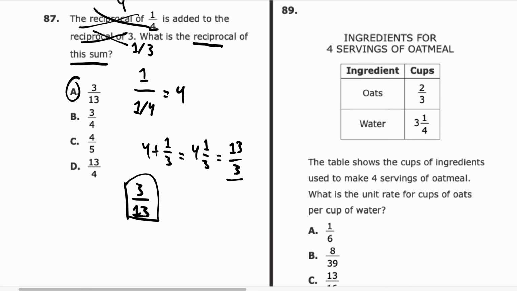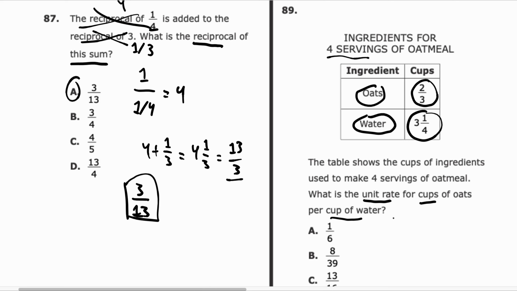All right, 89. We're given ingredients for 4 servings of oatmeal. In order to make oatmeal, we need 2/3 cup of oats to make 4 servings, and 3 1/4 cups of water. Then what is the unit rate for cups of oats per cup of water?